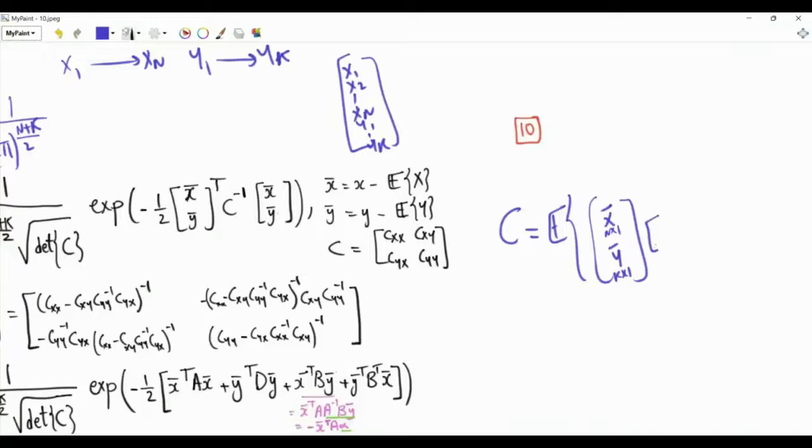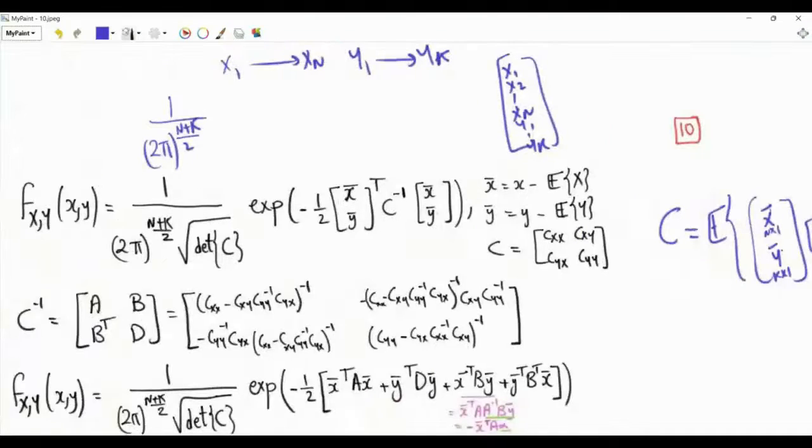And then we multiply this by the row version, x bar transpose, y bar transpose. The bar means x minus its mean vector, and y minus its mean vector. So the expression for the multivariate Gaussian distribution must contain the covariance matrix of all the n plus k random variables.